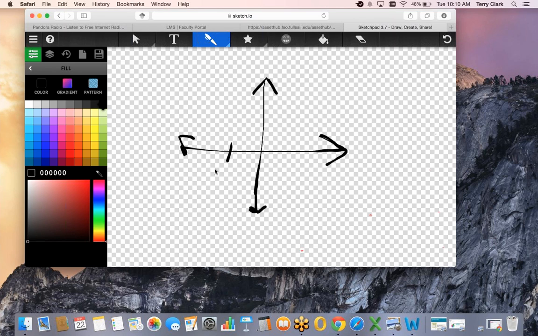So we're going to take negative 2 and we'll take 1, and that'll be 1 point on the graph. And then we're going to take 3 over here and negative 3 down here, and that'll be the other point on the graph.